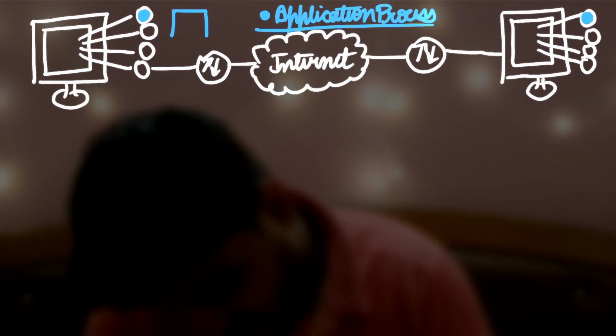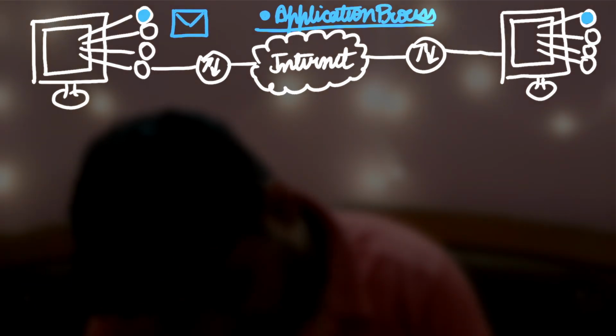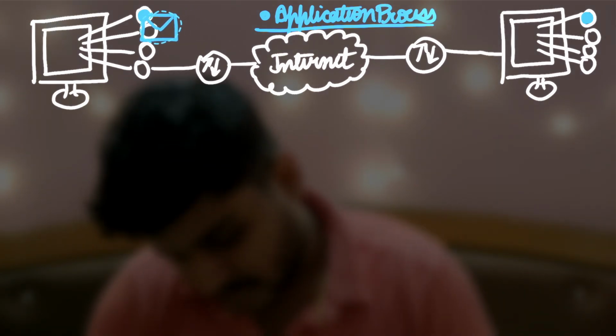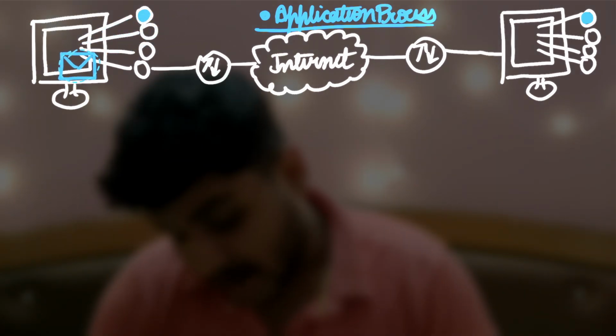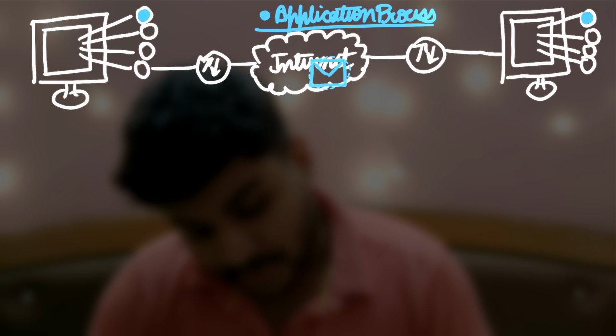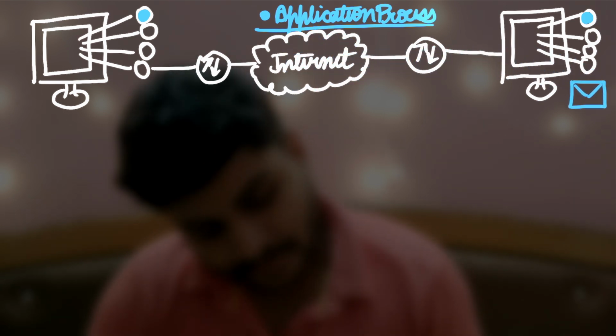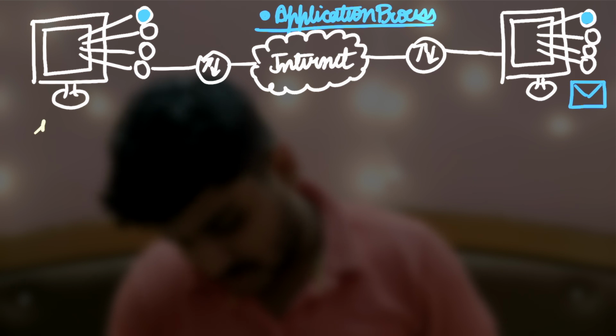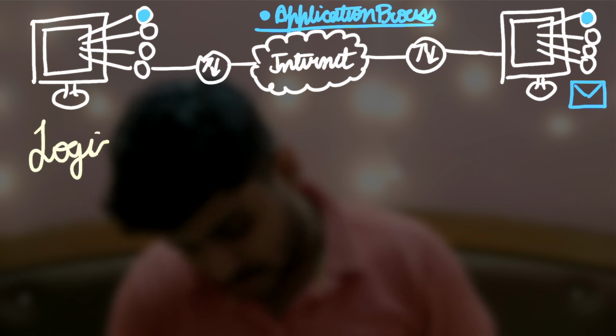Let us consider that you have written the message and you're ready to send it. You click on the send button and the message goes all the way around the internet and is received by the receiver. So this application process used the logical communication provided by the transport layer to send this message to your friend.